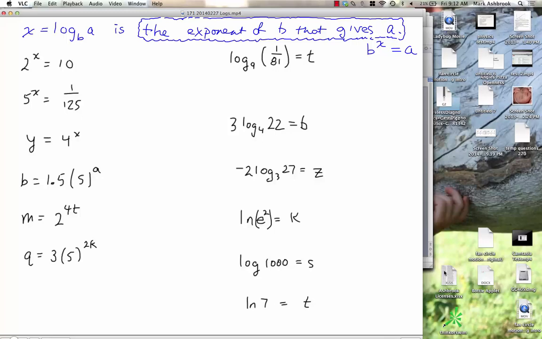The whole thing is the exponent. Right. Then you've got to have that base.